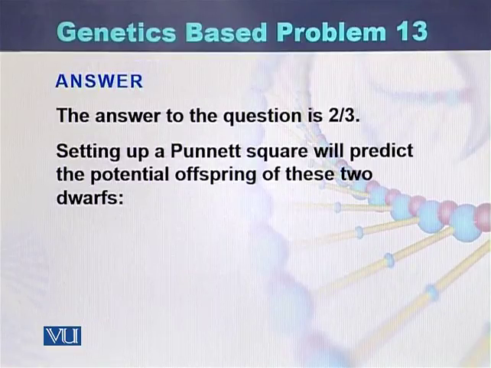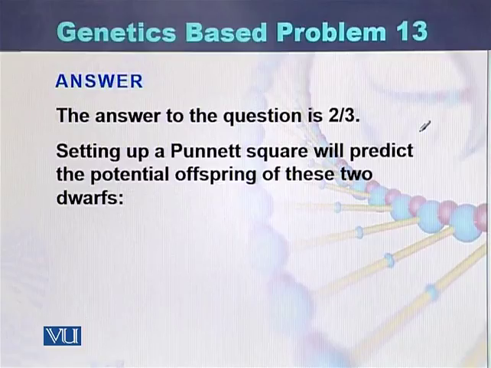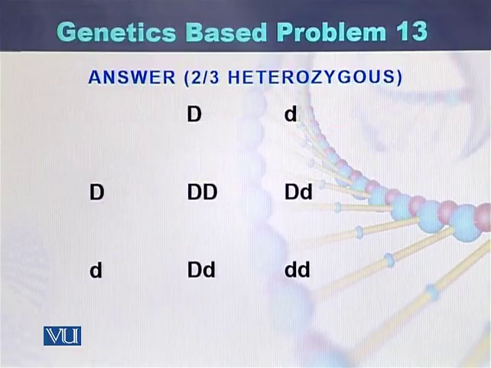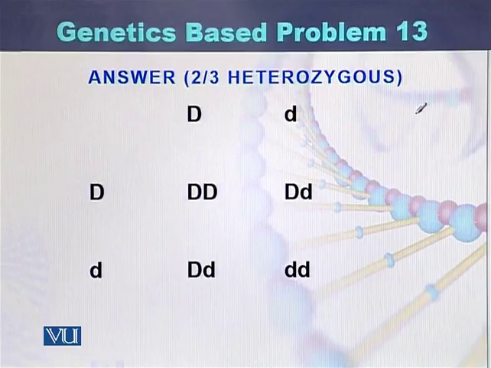So based on this information, we can say that 2/3 of the children who are dominant for this disease will be heterozygous. How can we answer this question? We will draw a Punnett square and try to predict the ratios, because both parents are heterozygous.